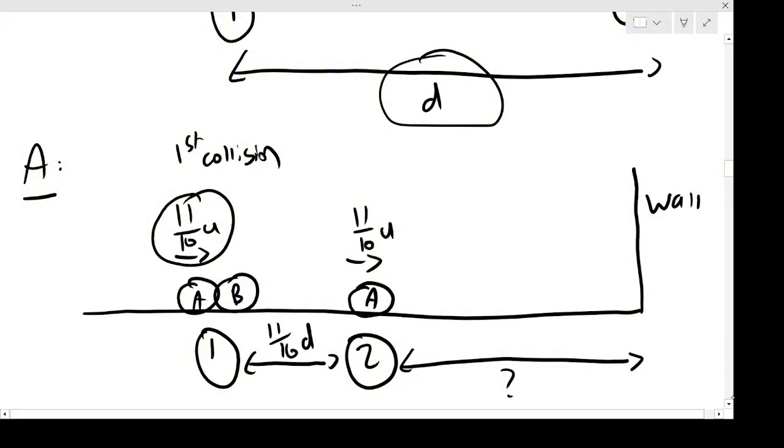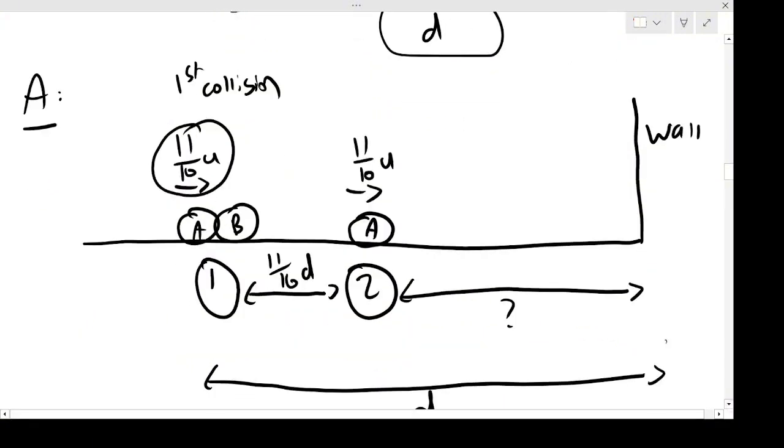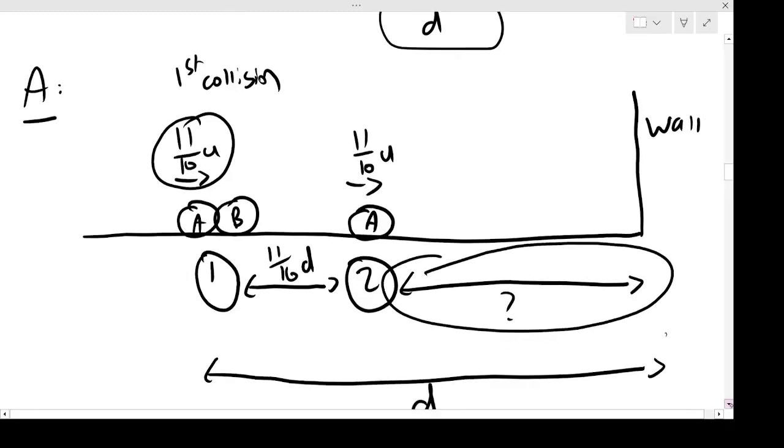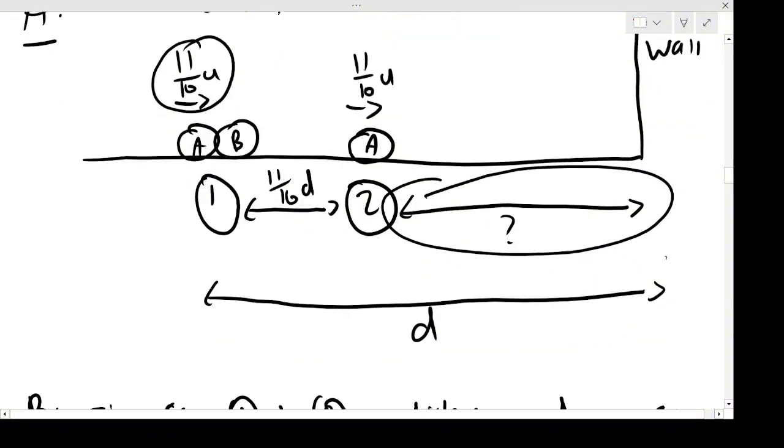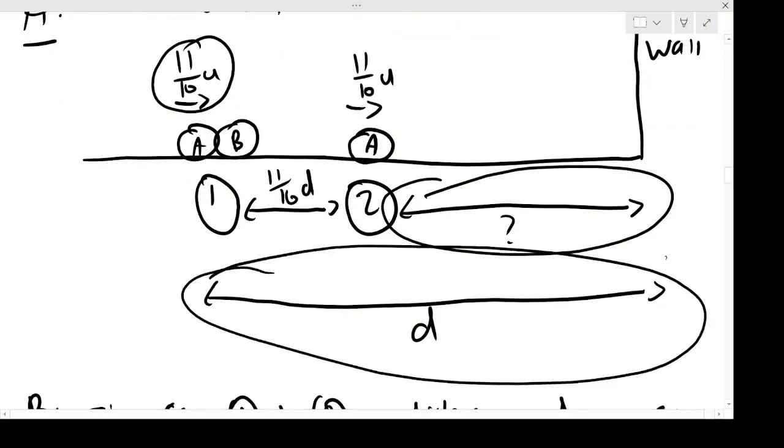Hopefully happy with that. Now, the question wanted the distance from A to the wall here. It wants that distance here. But actually, look, I have got the whole distance D and then this distance here.